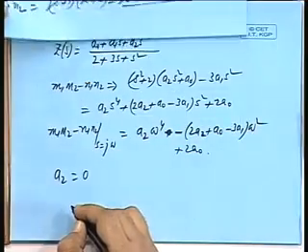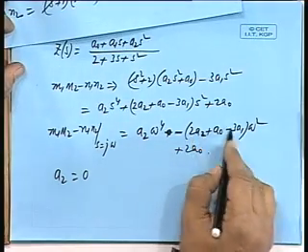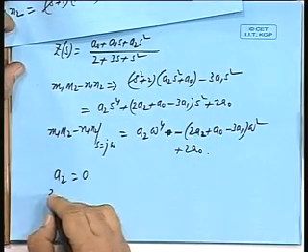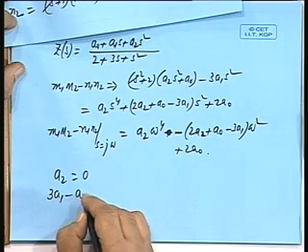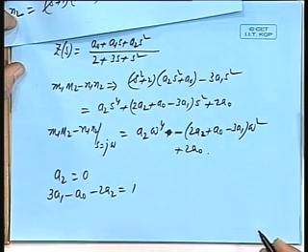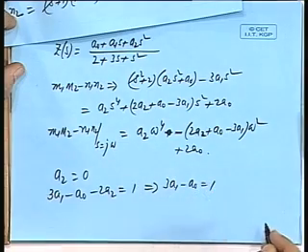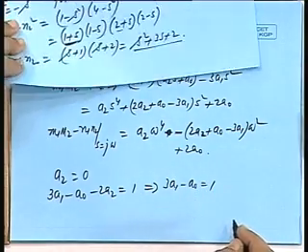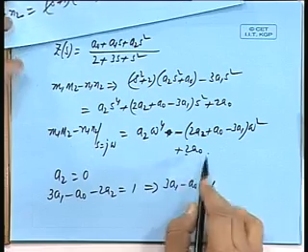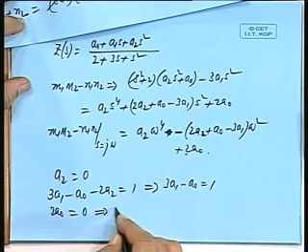So a2 is 0, okay, and with a negative sign this is equal to 1. So thrice a1 minus a0 minus twice a2 is equal to 1, and a2 is 0, so that gives me thrice a1 minus a0 equal to 1, alright. And then next, twice a0 is 0, so a0 is 0.